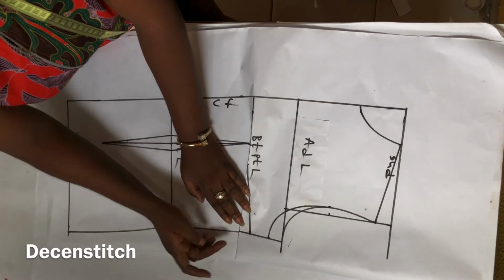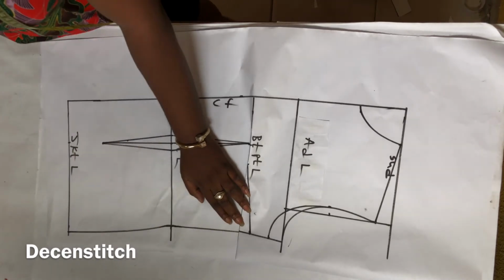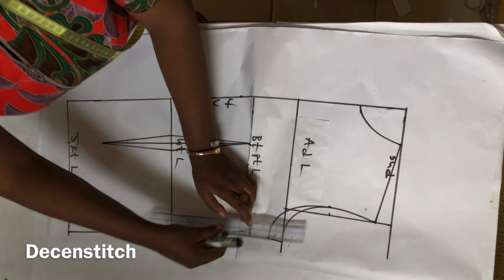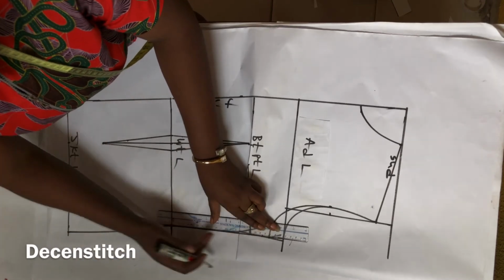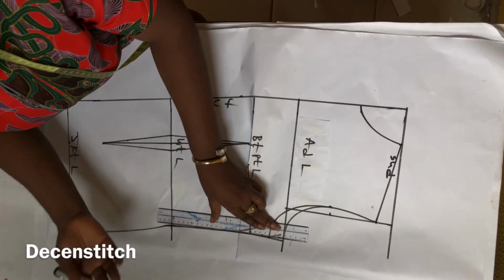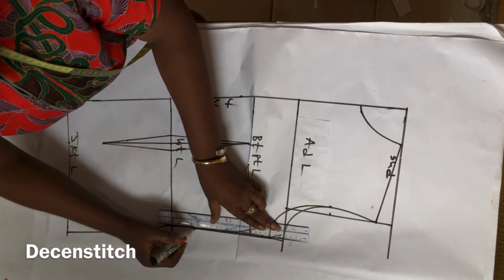In case yours will not meet with this, you take a ruler and connect it from that line back into the other line if yours is not going to be like mine and is not meeting.